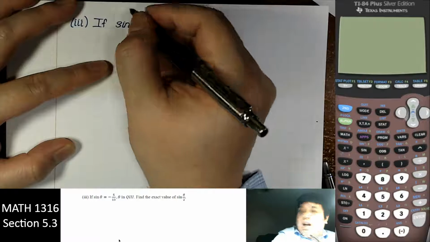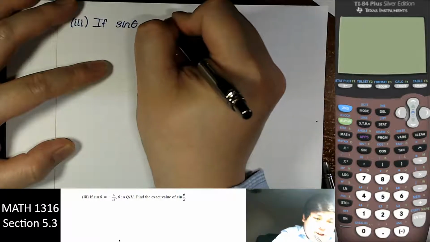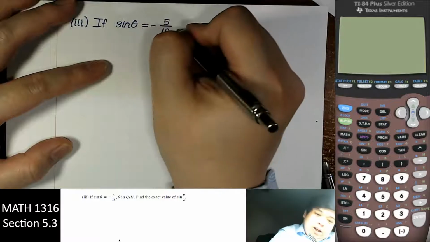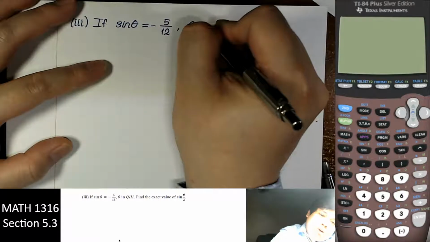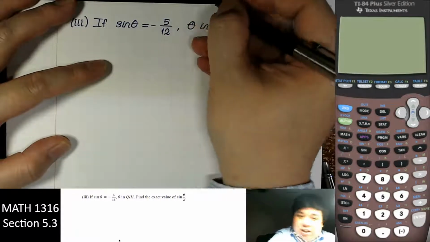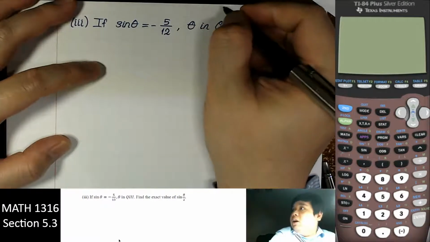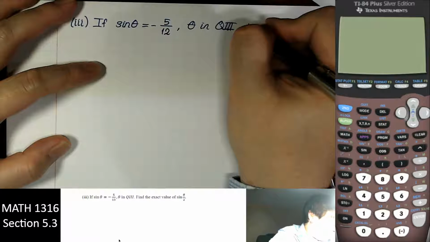If sine is negative 5 over 12, and theta in quadrant 3, sorry. Find the exact values.